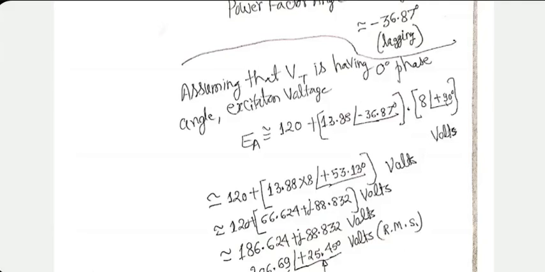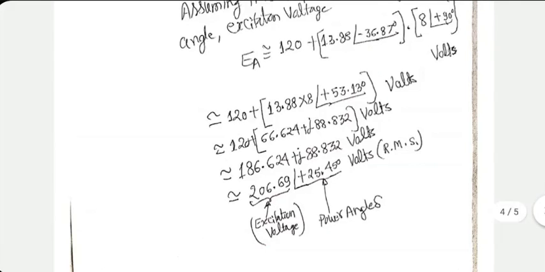I convert this polar value into rectangular value. So I get 66.624 plus J88.832 volts. To that I add 120 volts. I get the back EMF as 186.624 plus J88.832 volt.